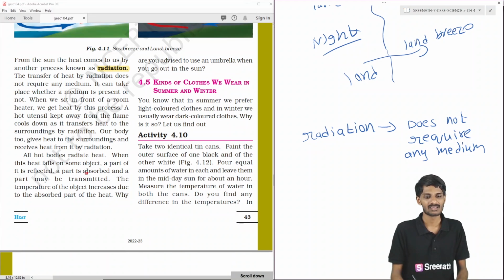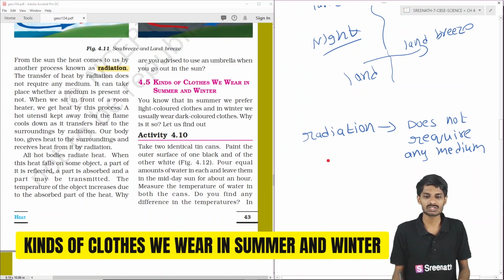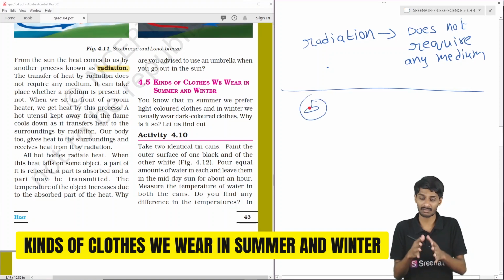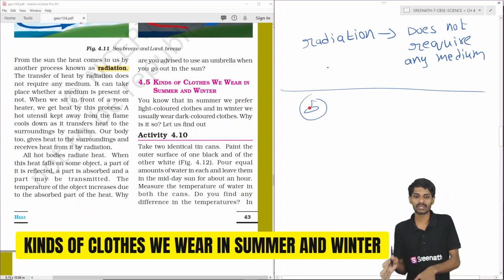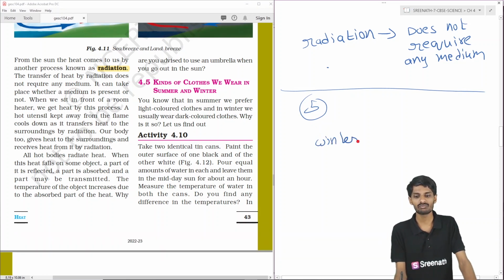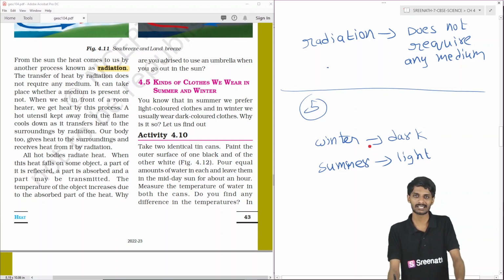Okay, the next thing is the kind of clothes we wear in summer and winter. In summer we wear one type of clothes, and in winter we wear another type. In the winter we wear dark colored clothes, and in the summer we wear light colored clothes. Why dark colored in the winter and light colored in the summer?